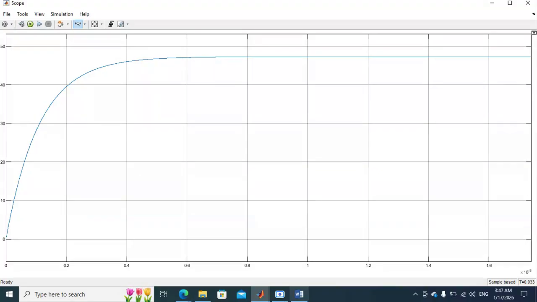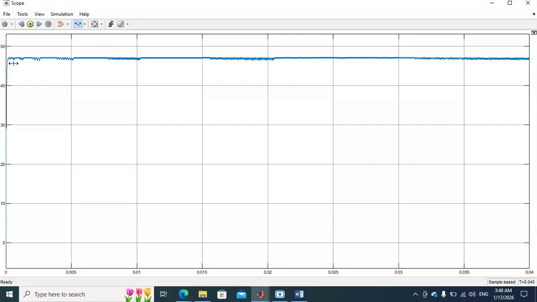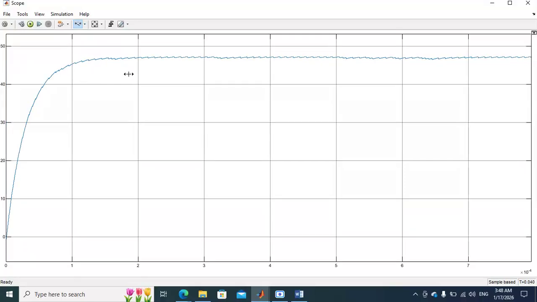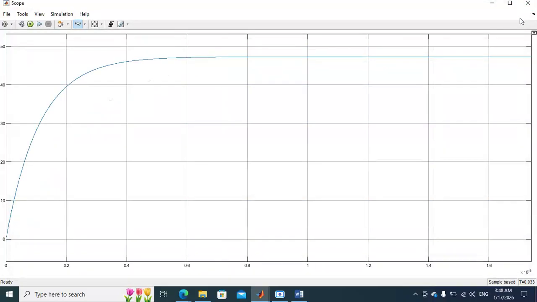Okay, in this it is 0.7 millisecond, and with SMC control it is around 0.2 millisecond. So with SMC it is 0.2 millisecond, and in this it is around 0.7 millisecond.